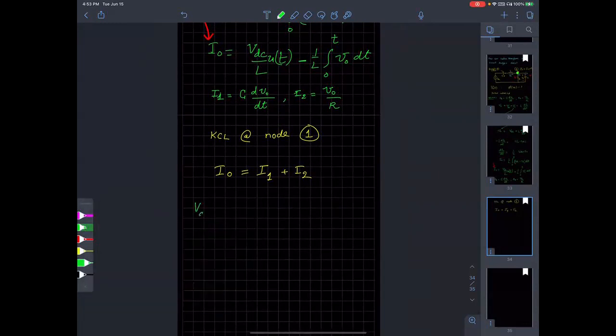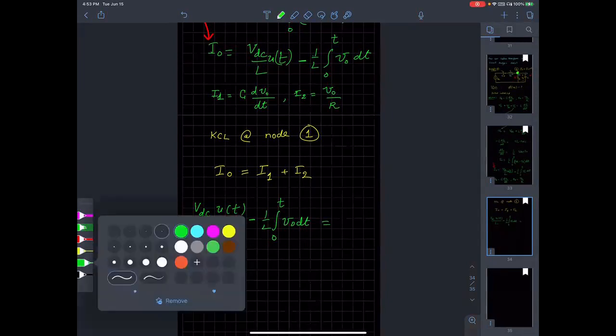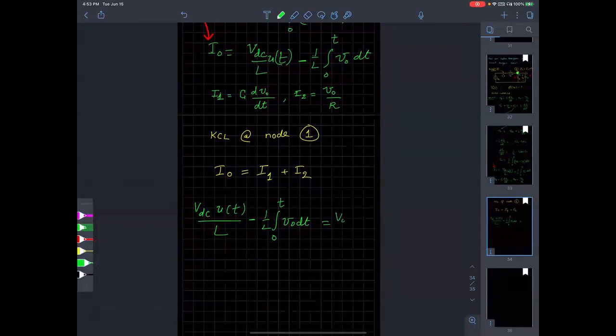So VDC U of t by L, that's I naught, minus 1 over L integral 0 to t, V naught dt. All of that is I naught, the current coming in from the inductor. That's going to be V naught over R, the current in the resistor, plus C dV naught by dt.